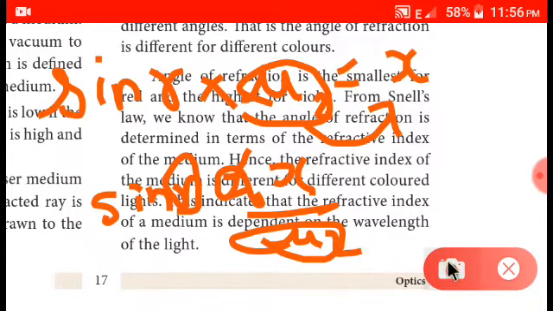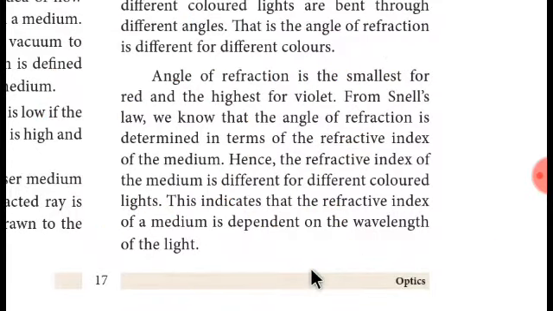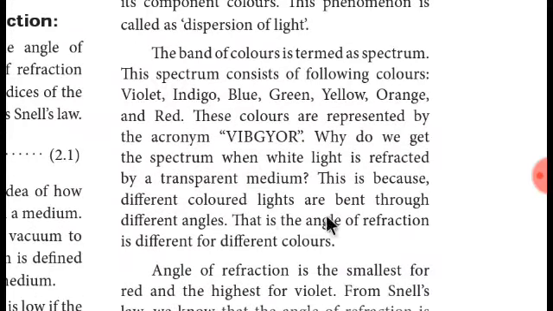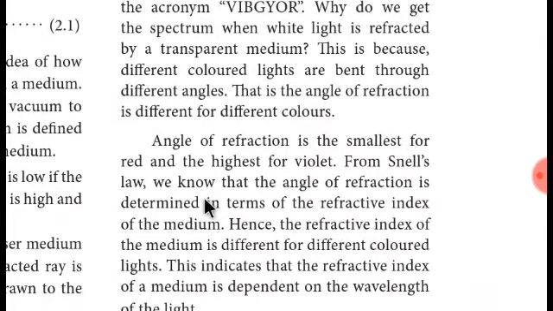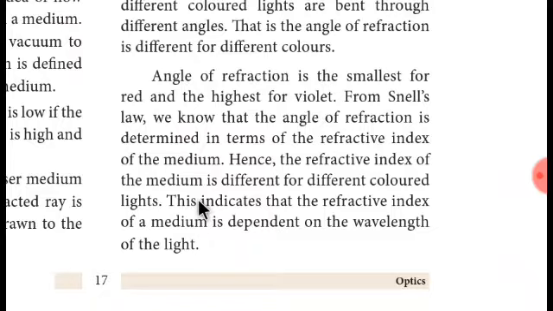If the refracting angle increases, then mu 2 decreases, meaning the refractive index decreases. As we read before, different colored lights will have different refracting angles. So we can expect that for each and every color there is a different refractive index for different media.